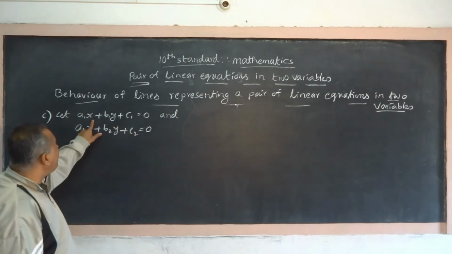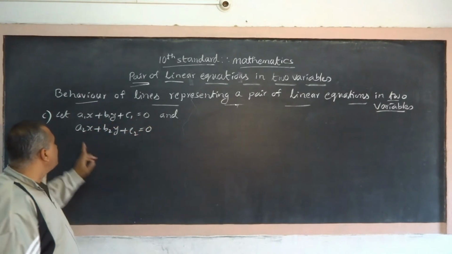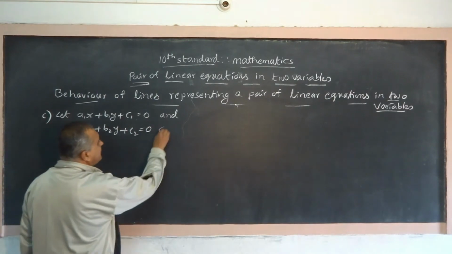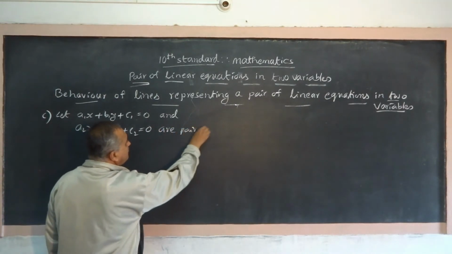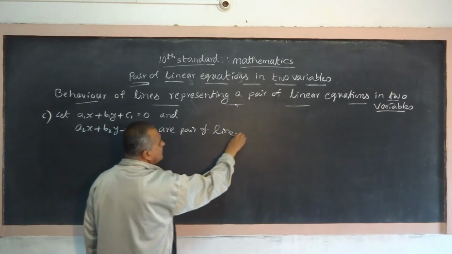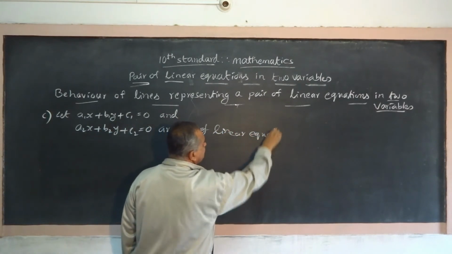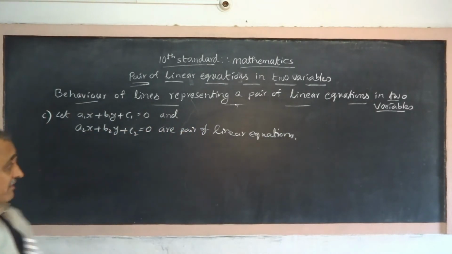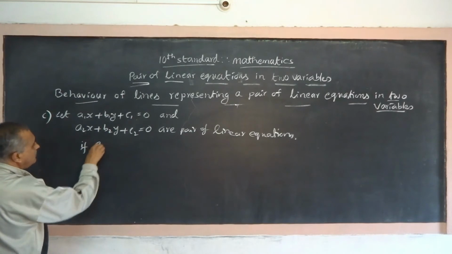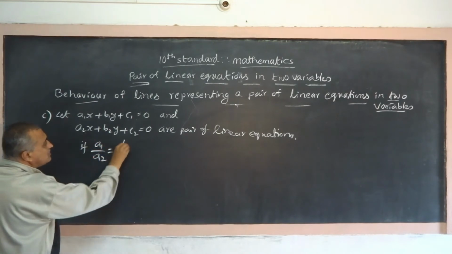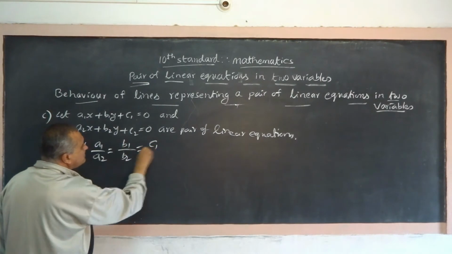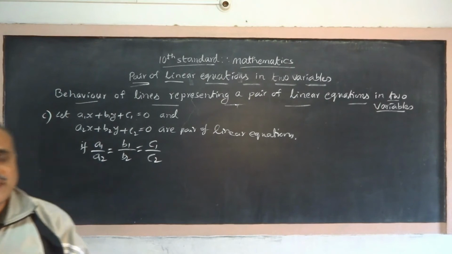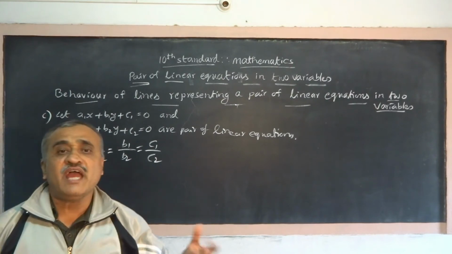If a1x plus b1y plus c1 is equal to 0 and a2x plus b2y plus c2 is equal to 0 are a pair of linear equations, then if a1 by a2 is equal to b1 by b2 is equal to c1 by c2, all three ratios are equal: coefficients of x, coefficients of y and constants.